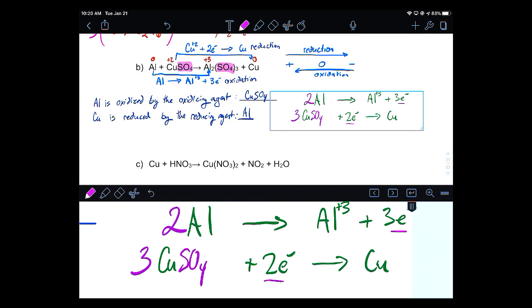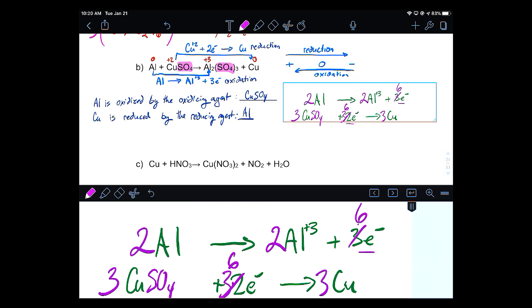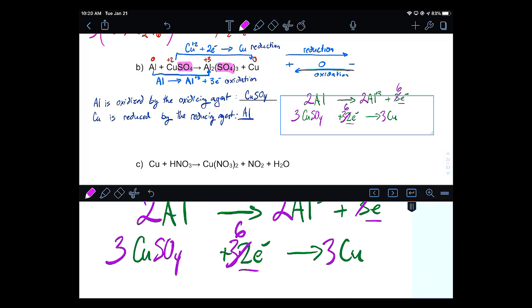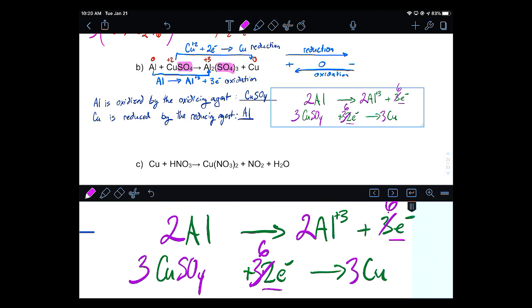If I have 3 of those, then I'm also going to do 3 times this to give me 6 electrons. I'm going to produce 3 coppers. If I did 2 aluminums, then I'm going to produce 2 aluminum 3 pluses, and I'm going to change this to 6 electrons. All right, so that looks pretty good.